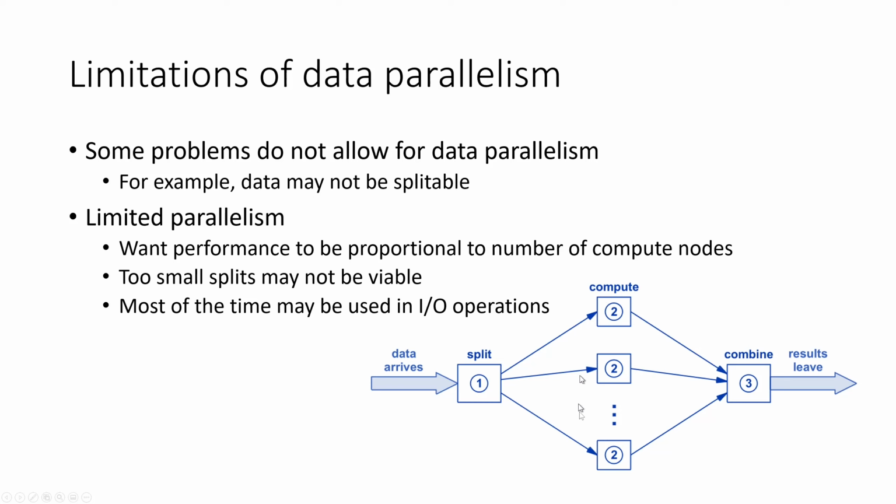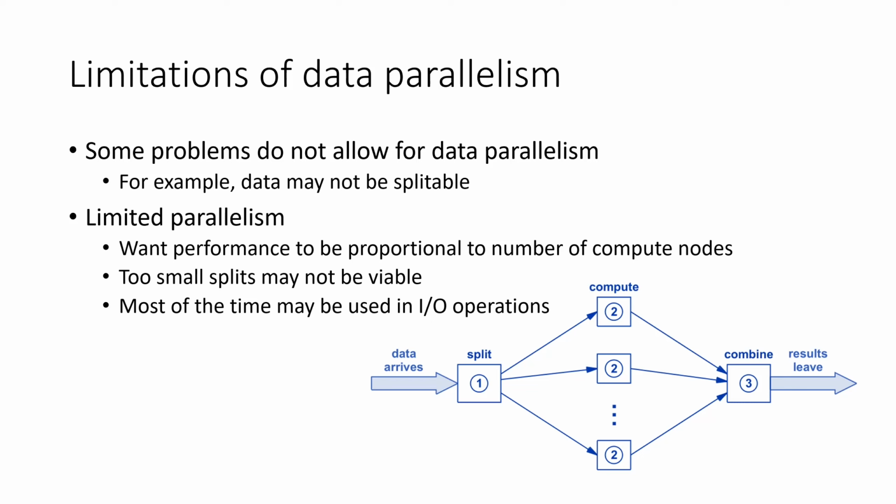But this may not be viable. For example, depending on the data we have, making the splits too small may not be viable. In the DNA sequencing example, if we make each fraction of the DNA too small, we might not be able to search for the sequence. For example, if the partition is smaller than the sequence we're looking for, then we can't ever find that sequence, just to give an extreme example.